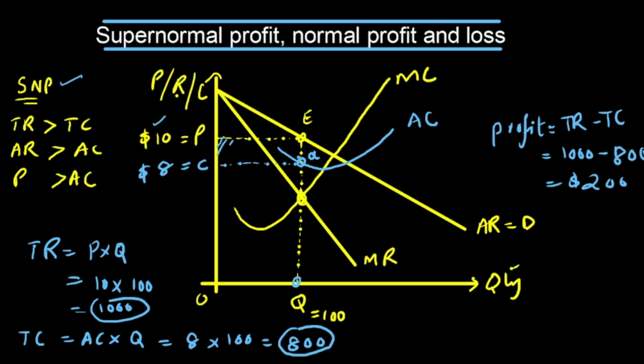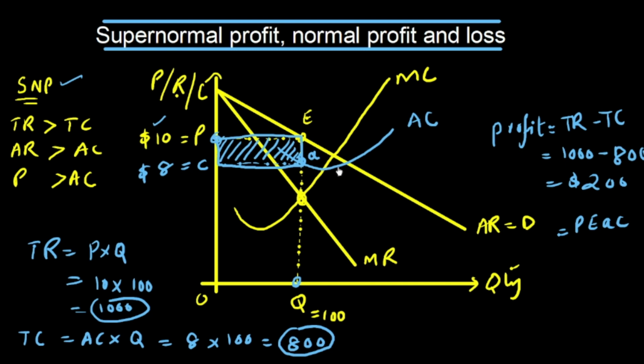And supernormal profit is the shaded area that I'm shading right now, and it is also equal to PEAC. So you can write that PEAC is the total profit that is received by the firm. This may be a monopoly firm or a monopolistically competitive firm. This is a graph of an imperfectly competitive market. And I believe you understand this point.